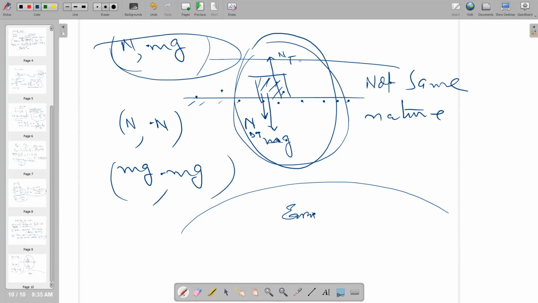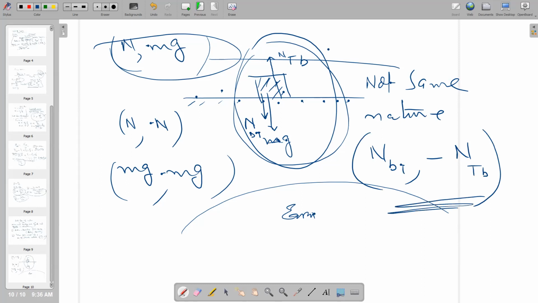This is table on block. So you can write block on table equals minus N table on block. Now this is an action and reaction pair, and here Newton's third law is applicable. Otherwise, it is not applicable. So this is very important.